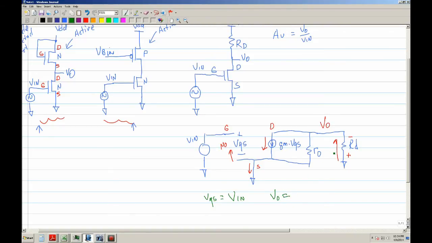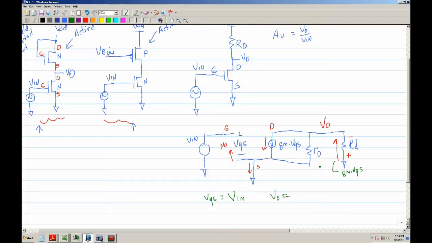Vout is going to be this voltage, right? And that's going to be your gm VGS. Basically, this current is going to flow through here, and through these.